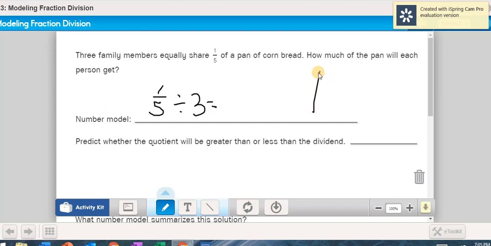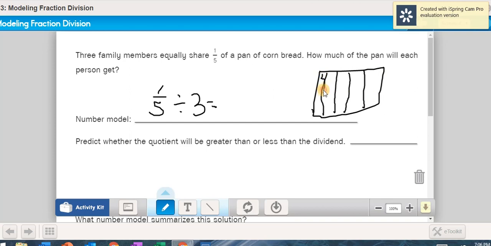The best thing to do is to draw the area model that we have been practicing. I need to represent 1/5, so I'm going to cut this into fifths: 1/5, 2/5, 3/5, 4/5, and 5/5.